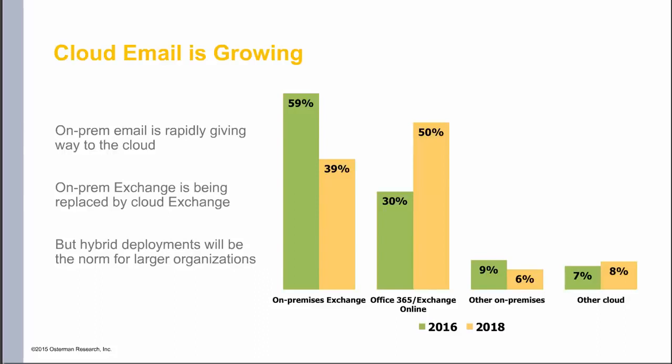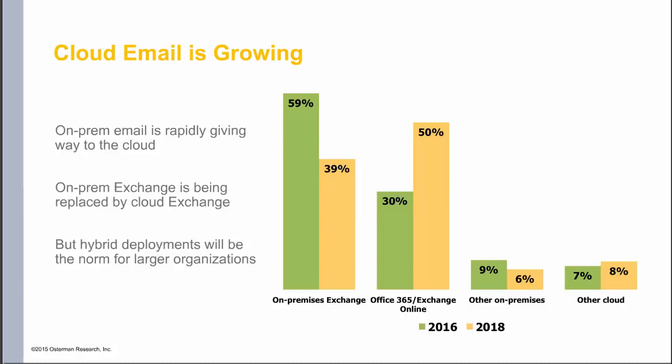So, let's get right into it. Cloud email is growing. We hear a lot about the cloud. We hear about email and CRM and lots of other applications that are moving to the cloud, and that very definitely is the case. What we found from a recent survey is that today about 3 out of 5 business email users in North America are served by some version of on-premises Exchange.